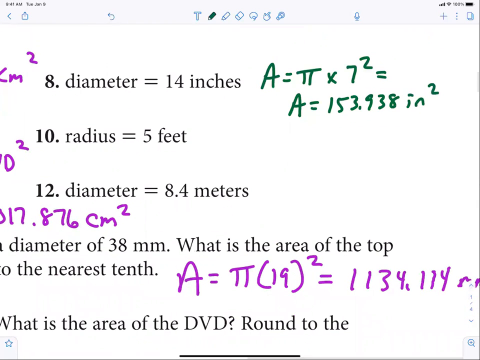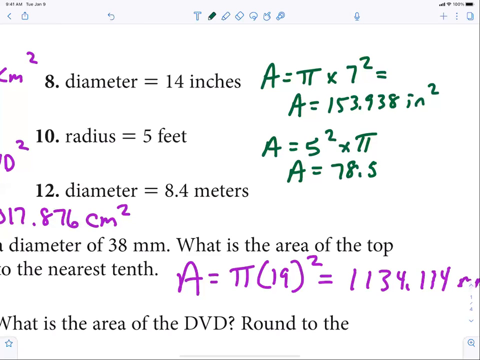Jackson, go. Number 10. So would it be 5 squared times pi? Yes. And tell me what that is. 78.539.